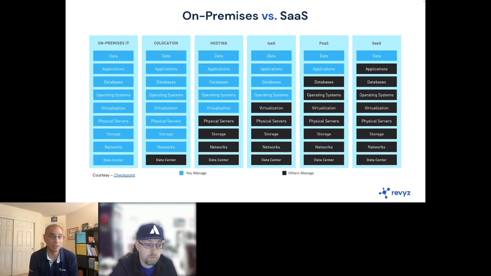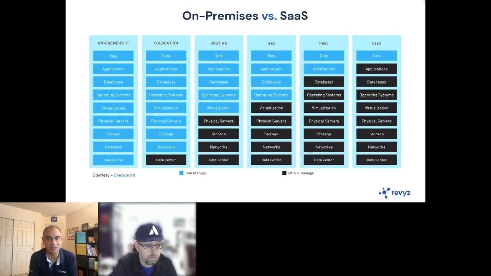Which means you as the admin or the app owner, or your company, are responsible for the entire stack. Now, what we have seen over the course of many years is a lot of innovation, wherein that responsibility or ownership has slowly been going away to service providers. If we go to the other extreme, which is what we are talking about, it is SaaS applications.